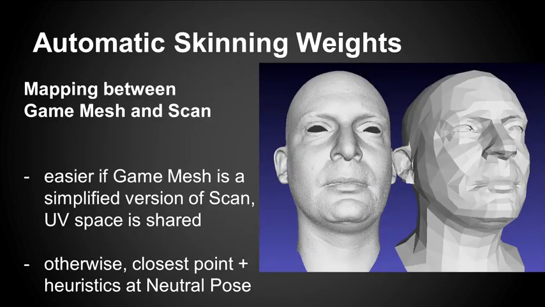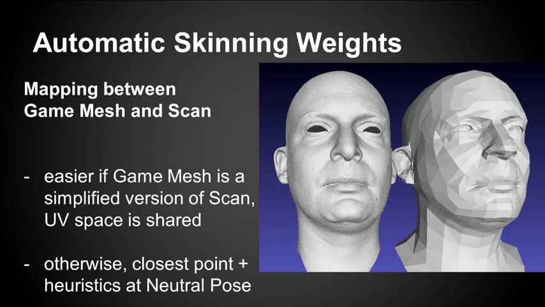Now, just a little parenthesis: if you need to know where the game vertices need to be at that frame, sometimes the mesh could be a little bit different. If the game mesh is just a simplified version of the scan and they share UV space, you can make the correspondence easily.